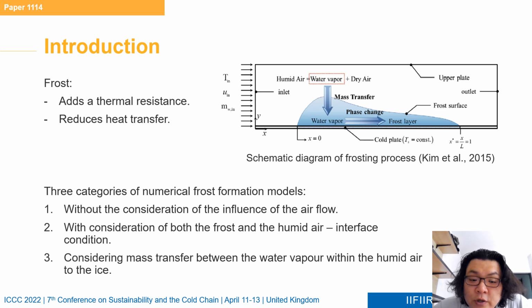And the third category is considering the mass transfer from the water vapor within the humid air to the ice. Out of all these three categories, the third category of the numerical frost formation model was chosen as it accurately predicts the flow field changes and the corresponding frost growth.